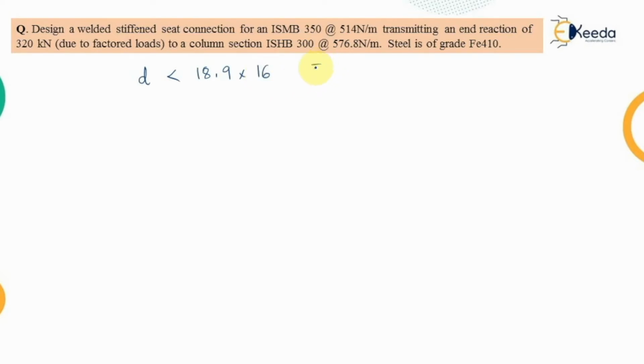That means this D value, the depth of the stiffener, should be less than 302.4 millimeter. Therefore, we will provide a depth of 300 millimeter. Therefore, we have also chosen the stiffener plate for the connection which is having a depth of 300 millimeter.